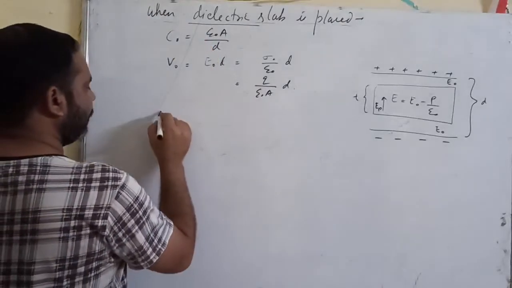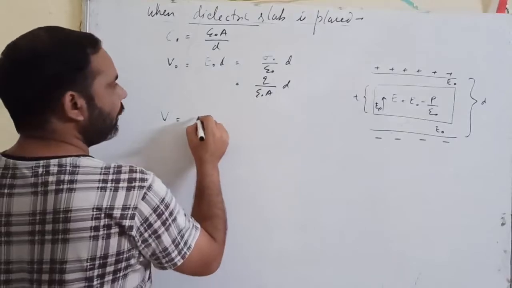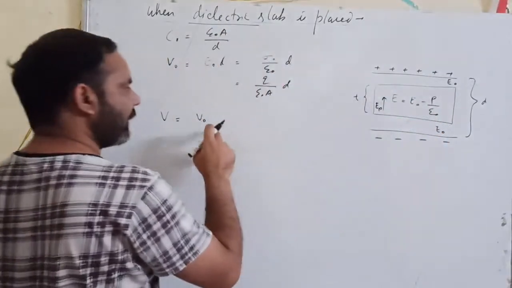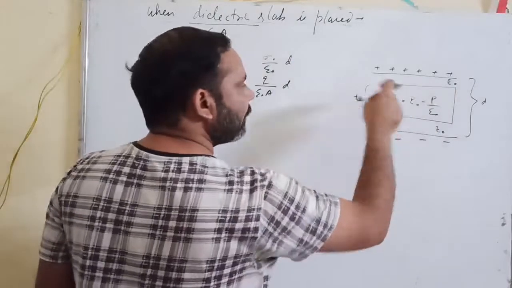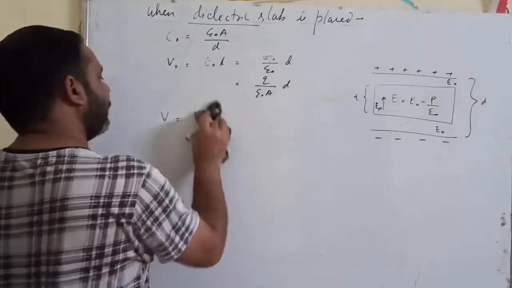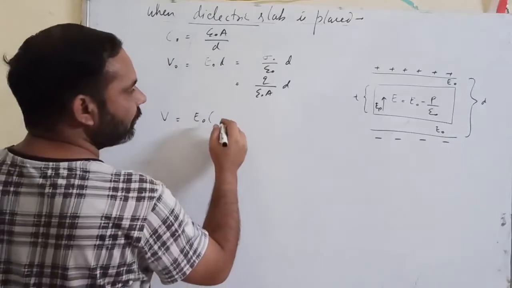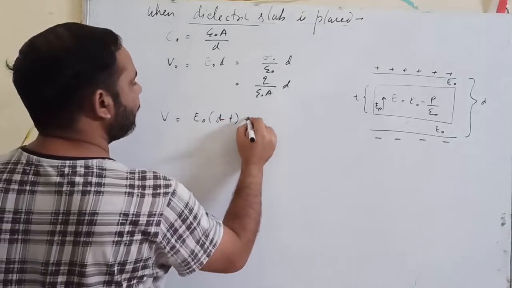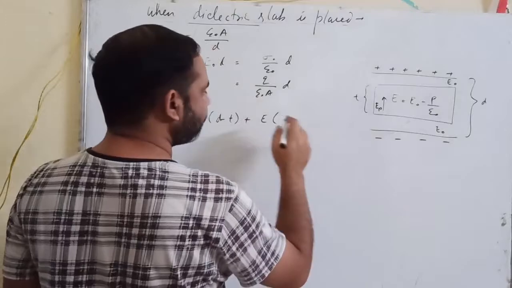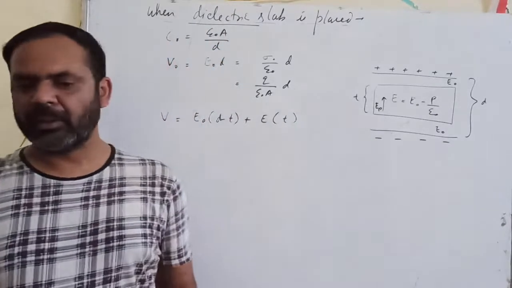Now the total potential difference between the plates is V naught in this region plus the V in the region occupied by the dielectric slab. So it will be equal to E naught into (d minus t) plus E into t.